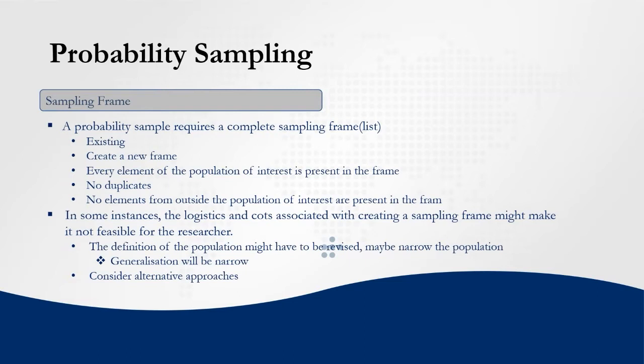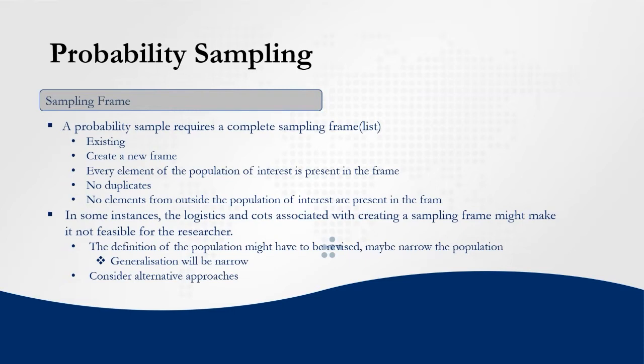You can access the correct department and they will be able to give you a list. Then you have a sampling frame. The sampling frame must have some attributes which will help you understand the population better or assist you with your sampling. Because having a frame is the first step.